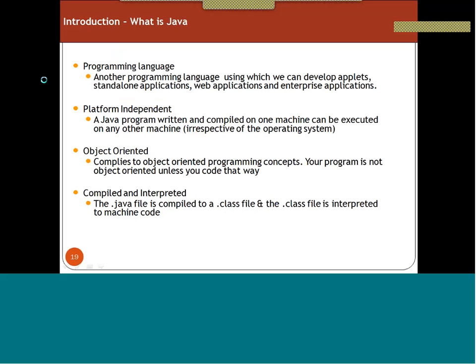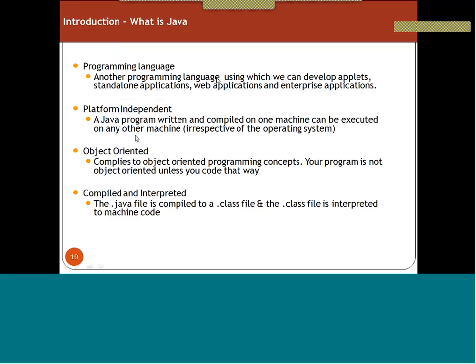Java is a programming language, isn't it? We can write our programs, web applications and enterprise applications using Java. Standalone applications we can write too, in the form of applets, or as ones run from a batch file.